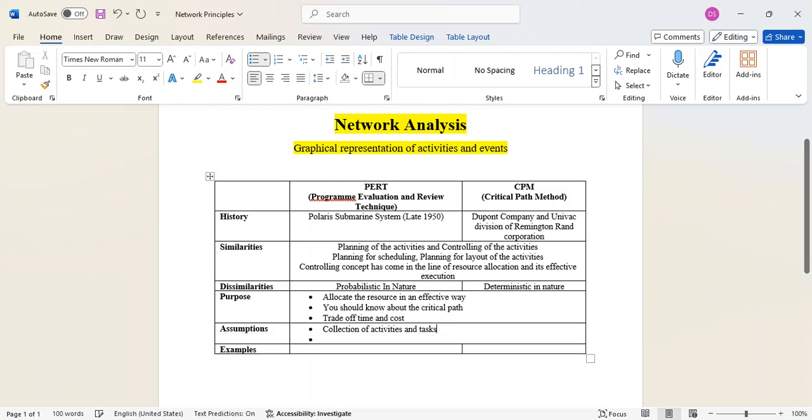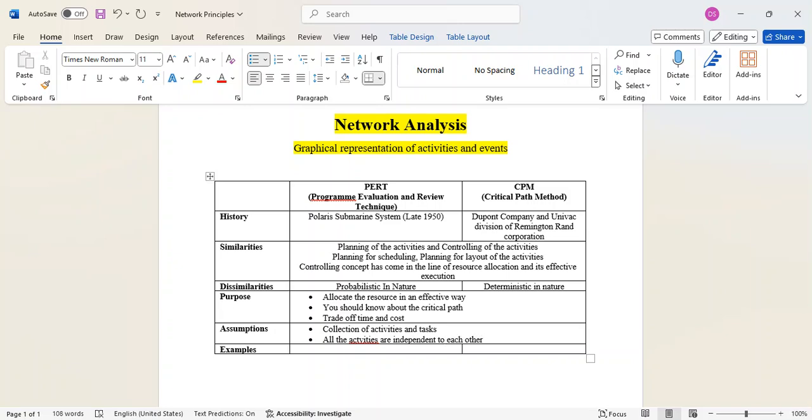The second assumption in this context is that all the activities are independent of each other.